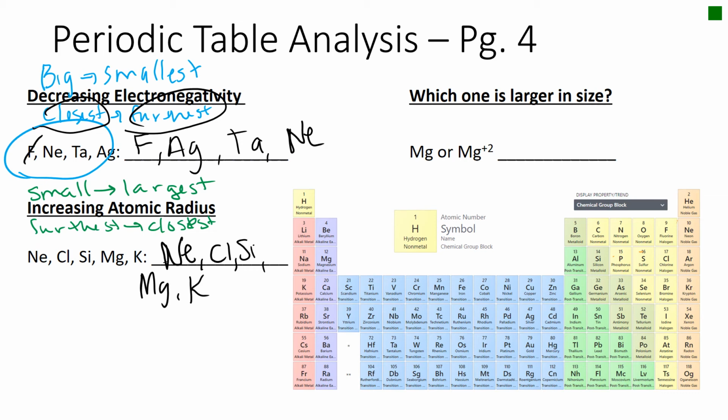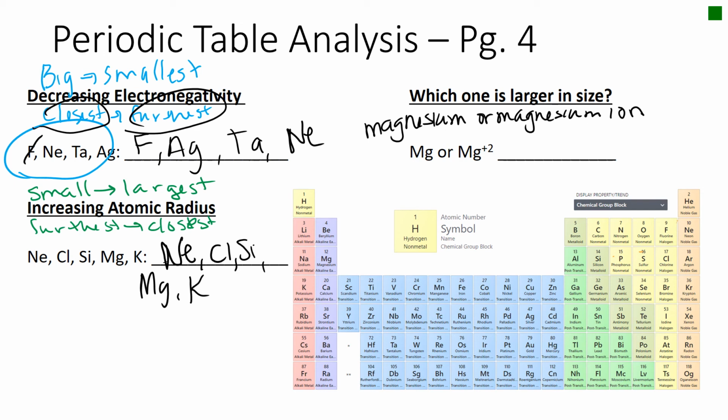And now comes a little tricky one, Mg or Mg plus. You'll see this on a few of them: magnesium or magnesium ion. In order to determine magnesium versus magnesium ion, you're going to have to figure out what magnesium is, and magnesium is right here.